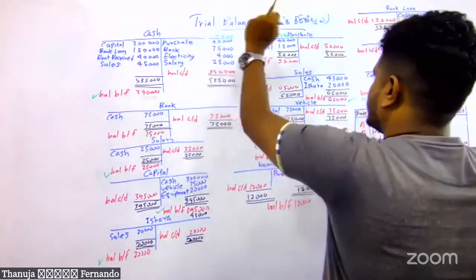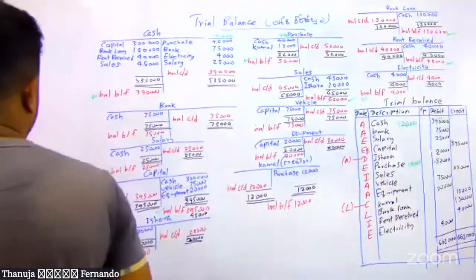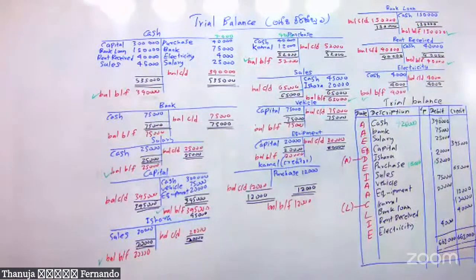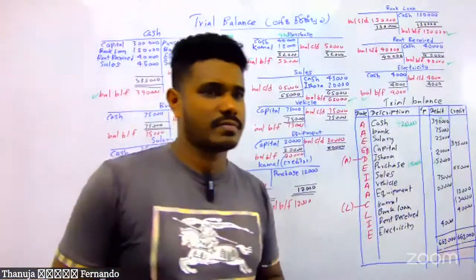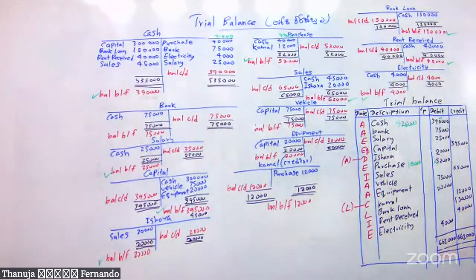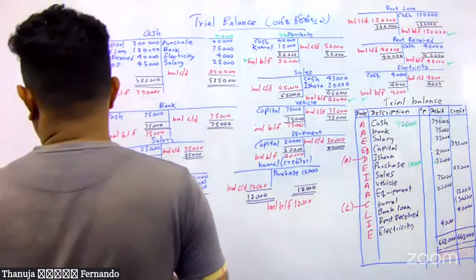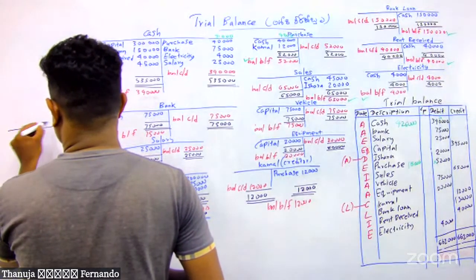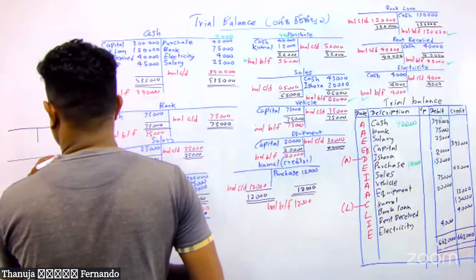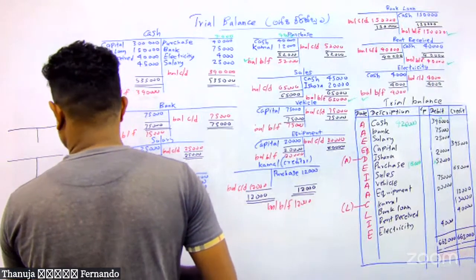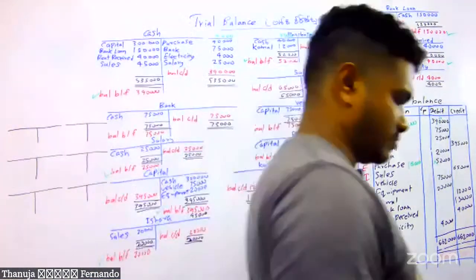Credit side එකෙත් 40,000 and 4,000 in the debit side also. 4,000 instead of 40,000. ලියාගන්න example එක. 40,000 worth of purchase invoice has been recorded as 4,000 in the books.